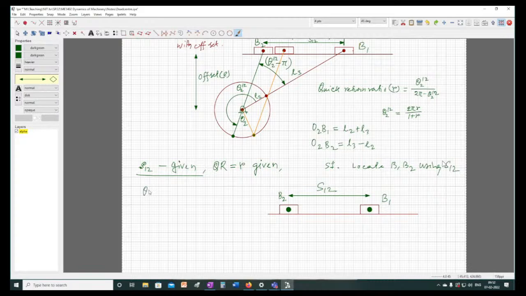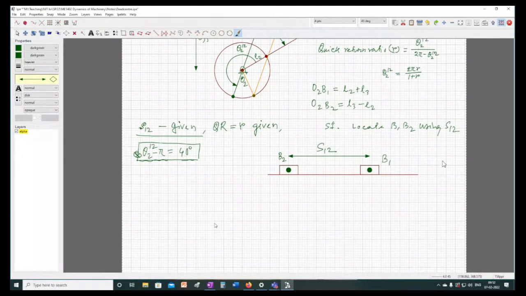So theta 2 1 minus pi, or 180 degree, is equal to, let's say, 40 degree. This side I have written in radian; I have written this only for our drawing. In your case, this will be given. From that you can find out this angle. Suppose for this case that angle is 40 degree.